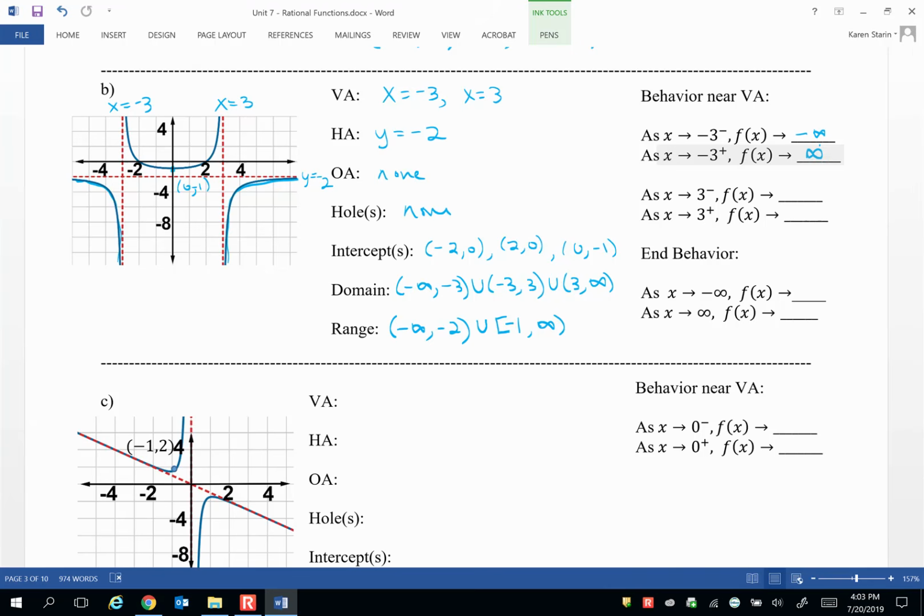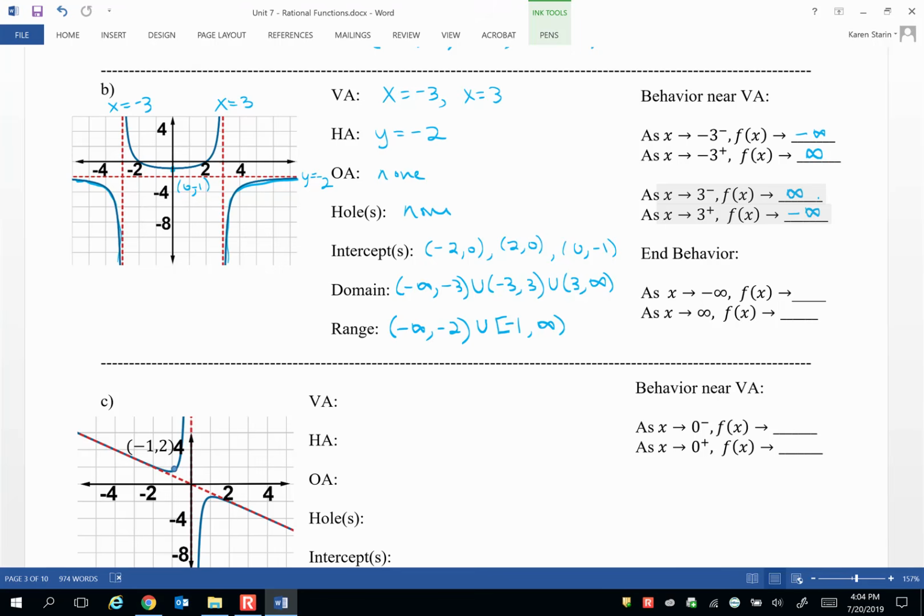As x approaches positive 3 from the left, f of x is approaching positive infinity. As x approaches positive 3 from the right, f of x is approaching negative infinity. Again, look back at the graph and make sure both of those statements make sense to you. Now our end behavior.